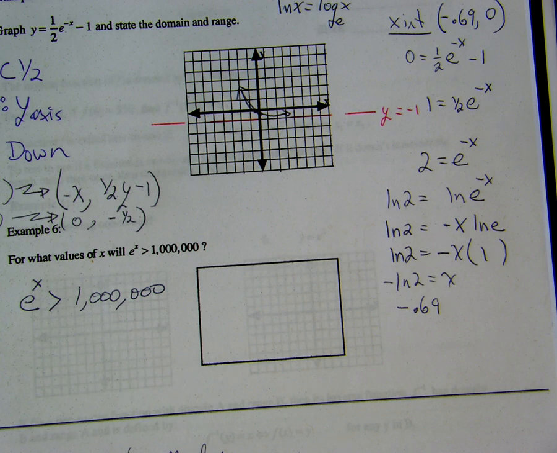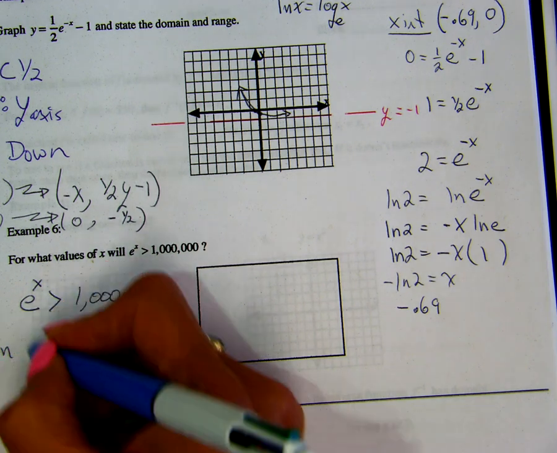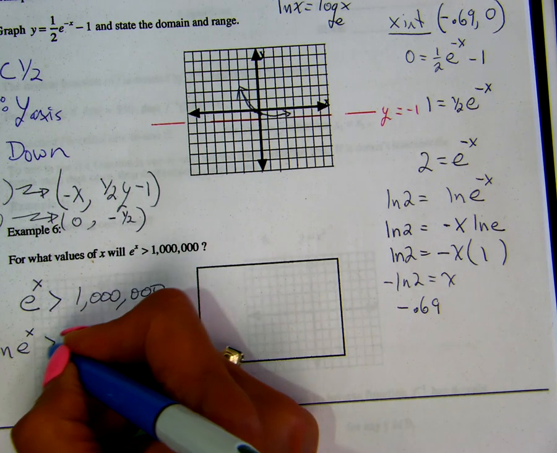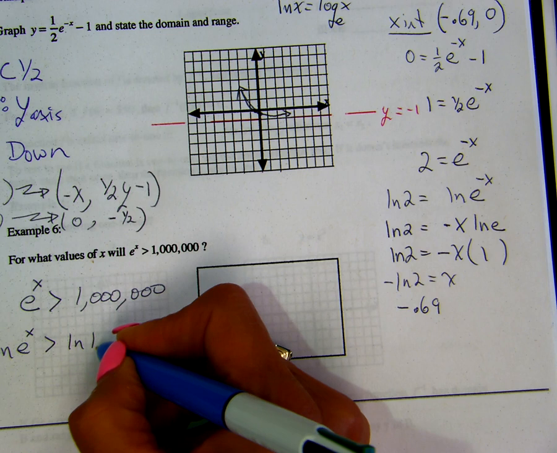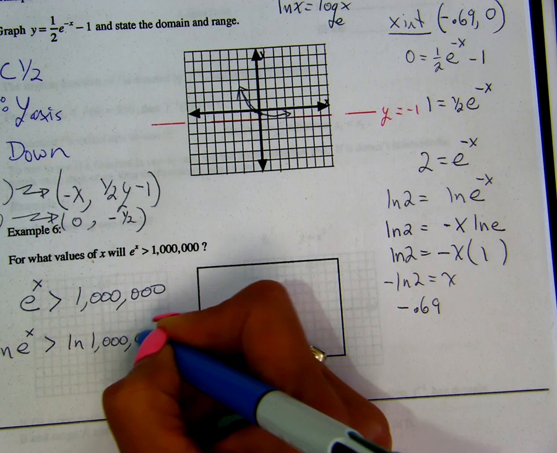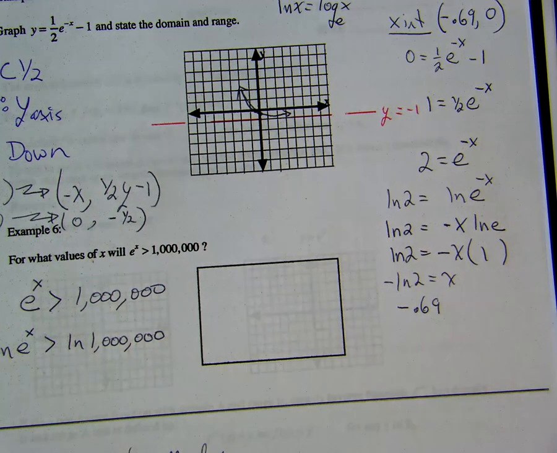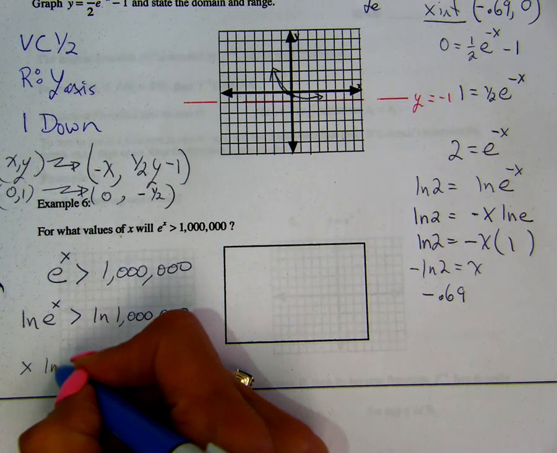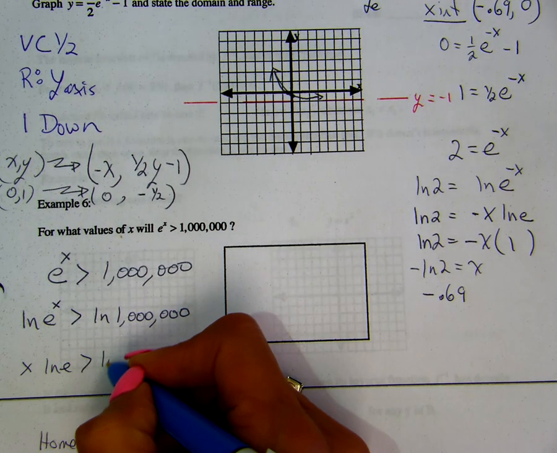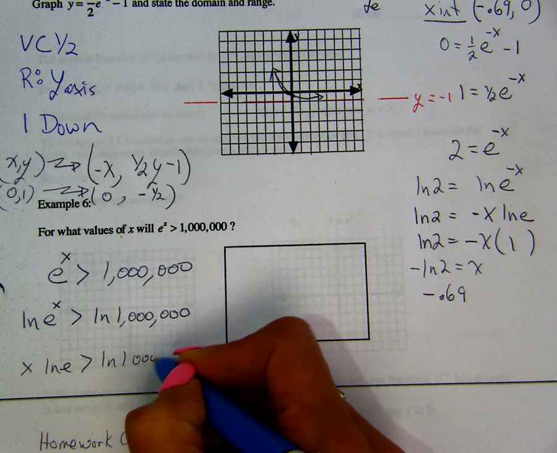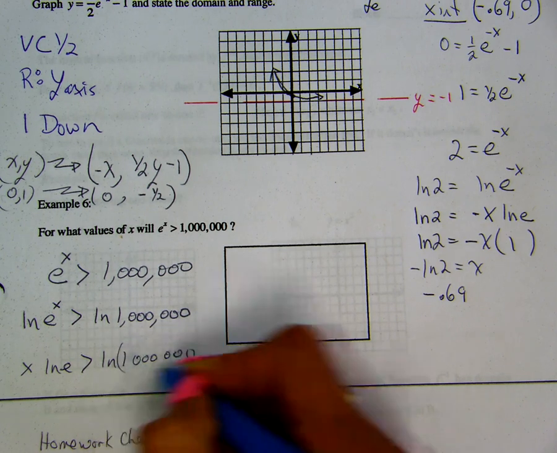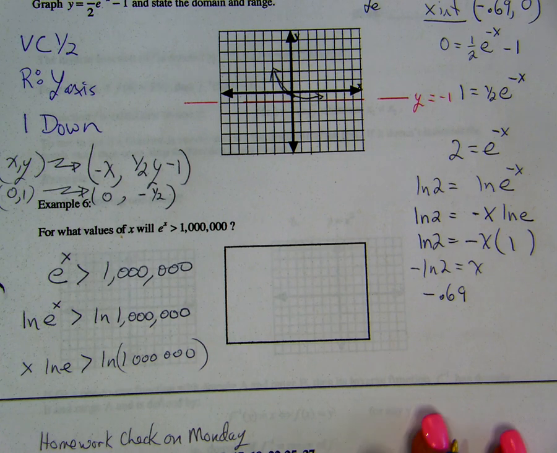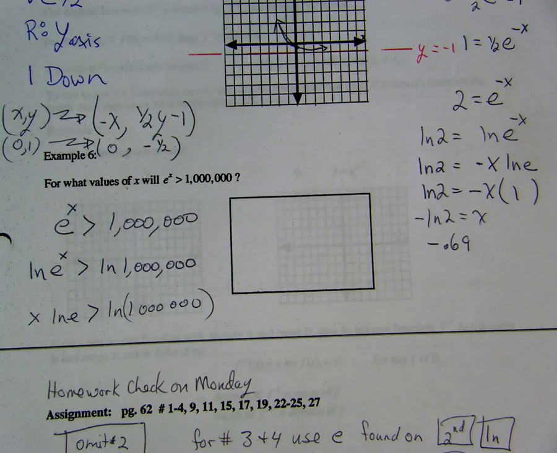What about if it's e to the x? How are you going to solve that? You're going to take the ln of both sides. Your power law brings that x down in front. What's the ln of e? 1.